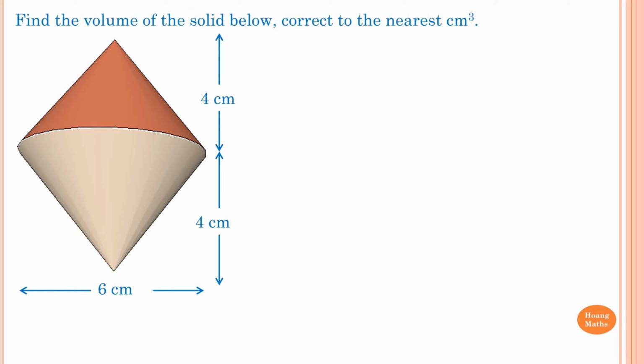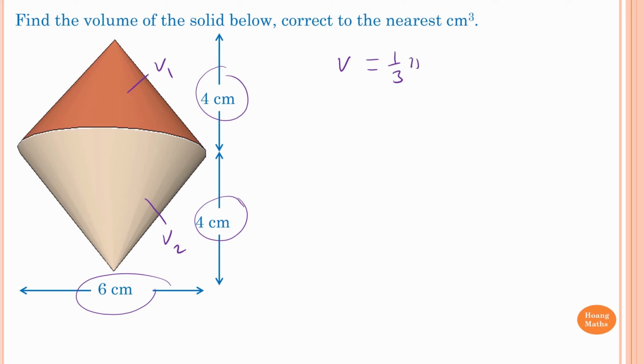Now, noting this volume here, V1, and this volume is exactly the same. So both diameters are 6 and both heights are 3. So we just need to find one of them and times by 2. So we can go, volume of a cone is 1/3 pi r squared h, 1/3 of area times height if you like.